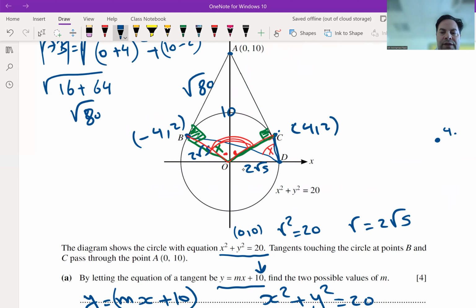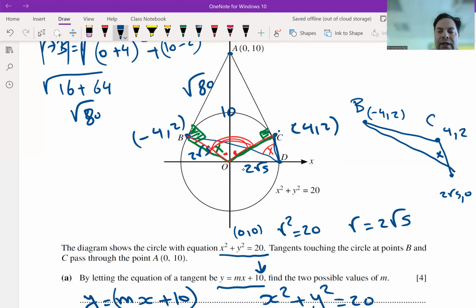Point C is (4, 2), point B is (-4, 2), and point D has coordinates (2 root 5, 0). With 3 points as coordinates forming a triangle, we can use the distance formula to find the length of each side: CD, BC, and BD. Then use the cosine rule because we have 3 sides, so you can find the measure of each angle. You can also find this answer this way.